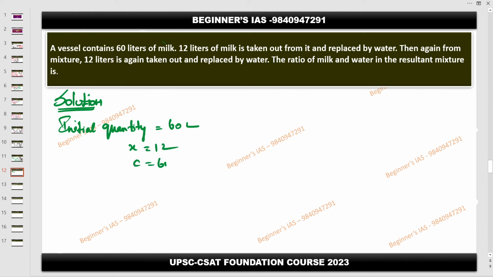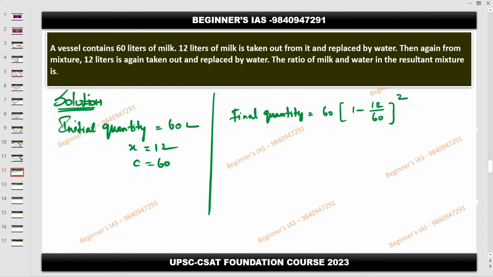The capacity is also 60. Understood? Then the final quantity is equal to the initial quantity into 1 minus 12 by 60, the whole power. How many times are you doing it? 2 times. So 60, 1 minus 1 by 5, 5 minus 1 is 4 by 5, the whole square. So it will become 60 into 4 by 5 into 4 by 5.